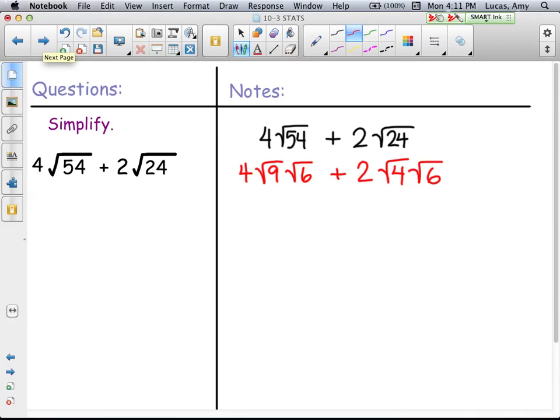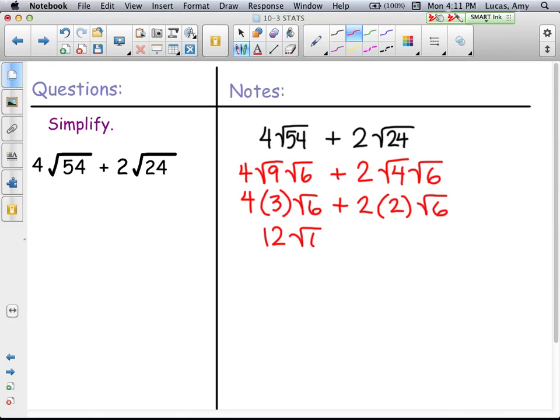So what I did was I took out the biggest perfect square factor for each, so I'm just factoring those radicals. So now if I simplify, the square root of 9 is 3, and the square root of 4 is 2. So what's happening here is I get 12 times the square root of 6 plus 4 times the square root of 6. Remember, I'm just multiplying together these numbers that are kind of like coefficients.